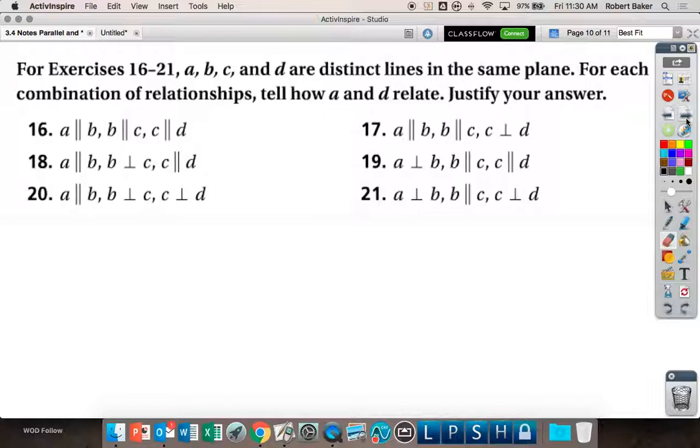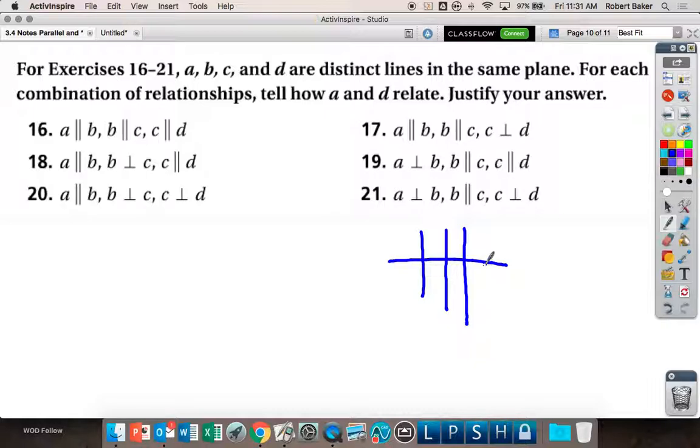Ready? 17. I got A and D are perpendicular. If you draw it, it helps. A, B, B, C. Perfect. Perpendicular.